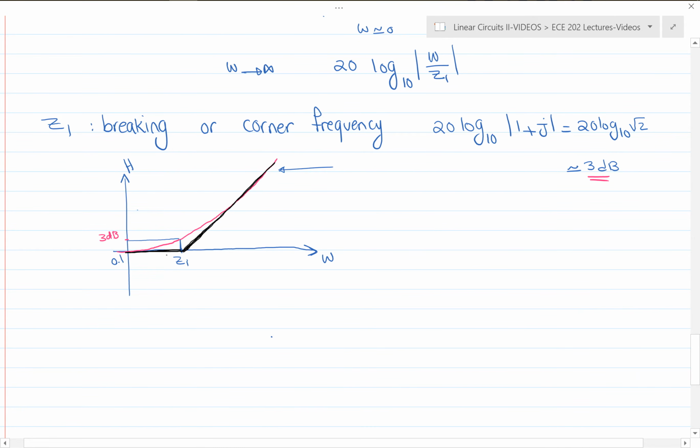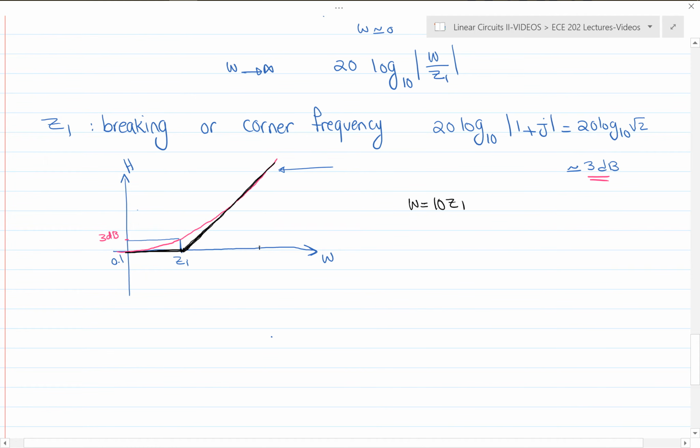At z1 we say that approximately the magnitude is near 0. And let's say, for example, omega is equal to 10 z1. Let's see what we will have there. You remember that when I was talking about the decade, I said that in the frequency axis, we're increasing with a ratio of 10.